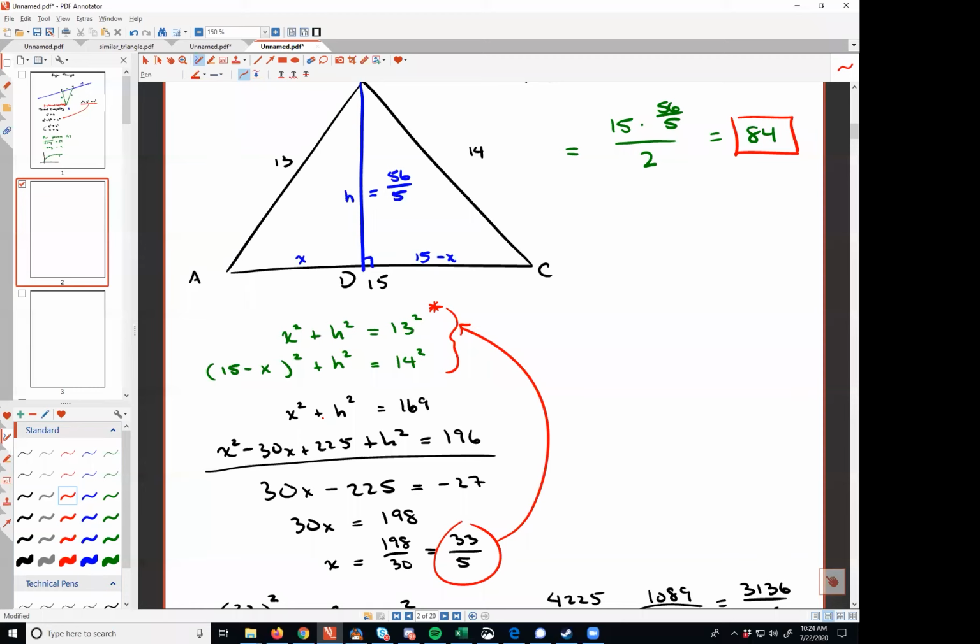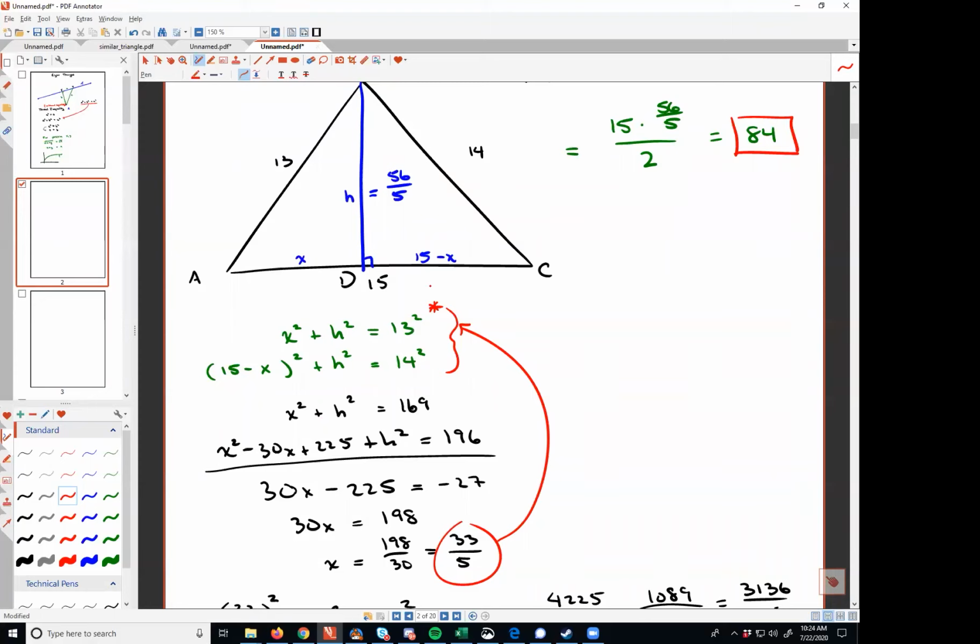So when we bring 225 to the other side to add to the 27 with 198, and we solved for x first before attempting to solve for h. And since we had x, we then put x into the equation and then subtracted it from 13 squared times 25 times 25 to get our h being the square root 56/5.